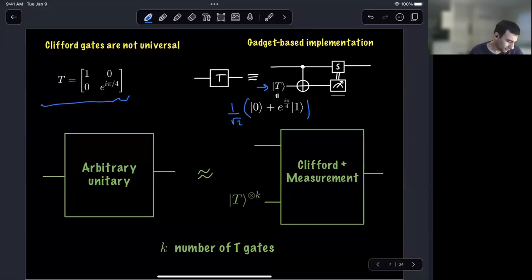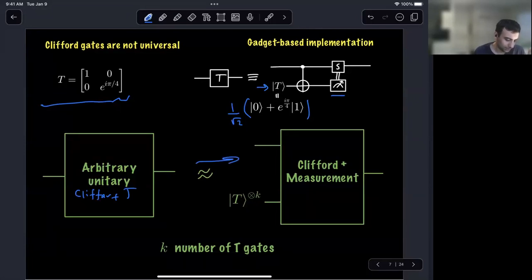So if you use this gadget-based implementation of the T gate, and you have some arbitrary quantum algorithm, you can write it as some Clifford plus T gates, and then using this gadget you can convert your algorithm to something like this.